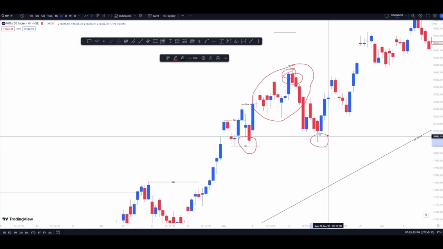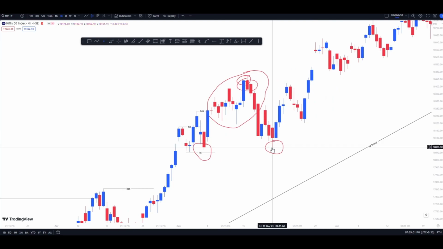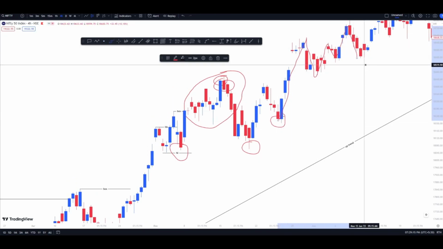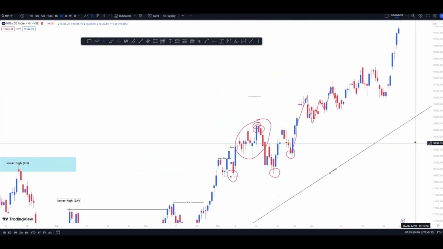I'm calling this a higher low because this low was protected and didn't get breached. Here you can see that from this low price tried to break above this high, but it failed and went for a pullback, then again made a new higher low, higher high, higher low, higher high.